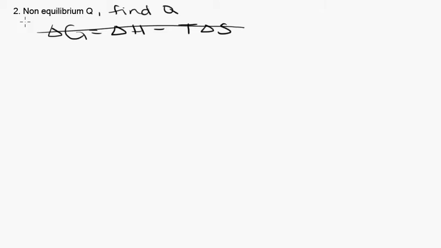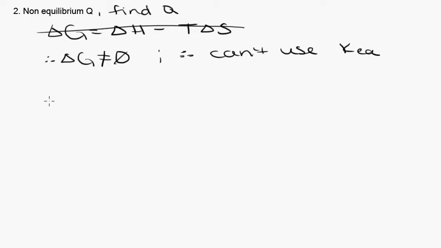Because this is not at equilibrium, delta G does not equal 0. And therefore we can't use KEQ, but really the only difference is those two things. We can use the same equation.